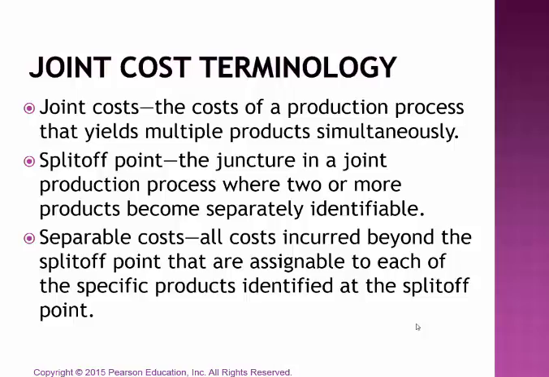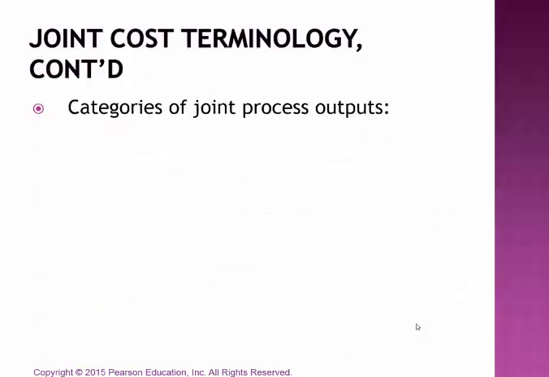And then they become separately identifiable products. And after the split-off point, those individual products are going to have additional costs incurred to process them. And those are what we call separable cost. Make sure you understand the concept. Joint cost and separable cost are 2 different things.